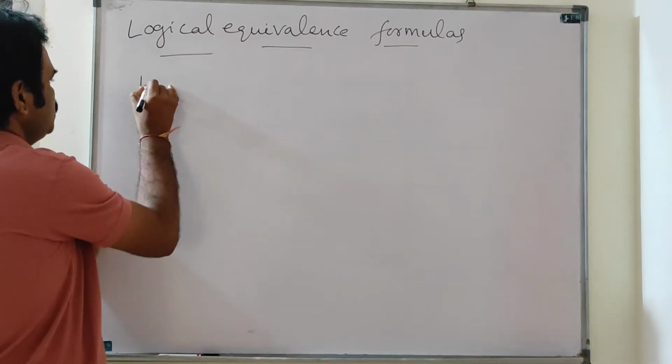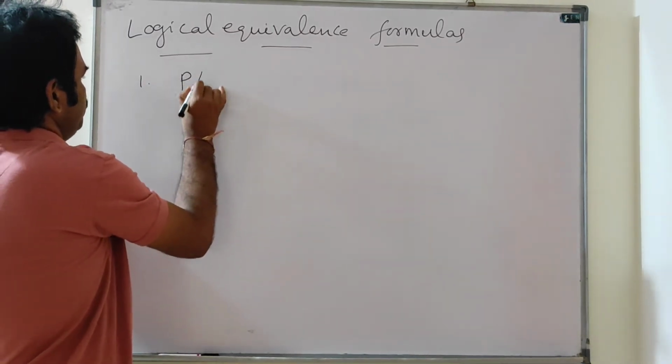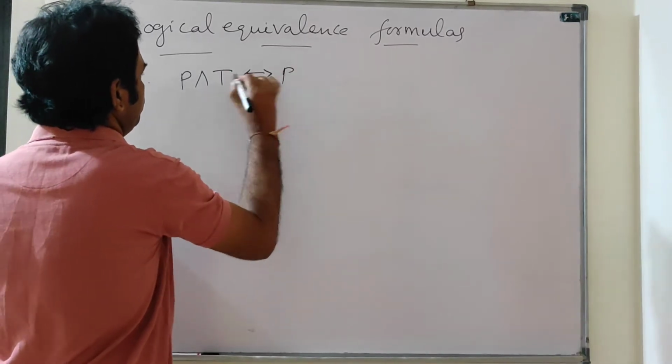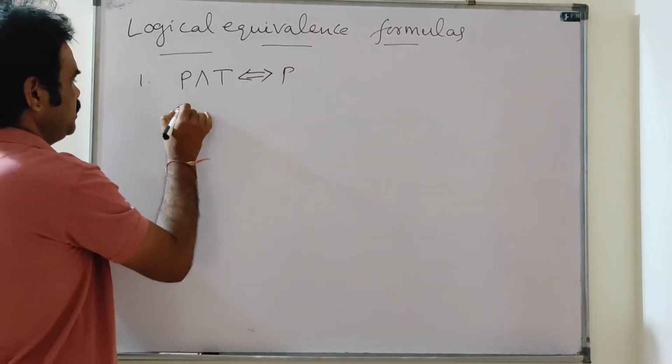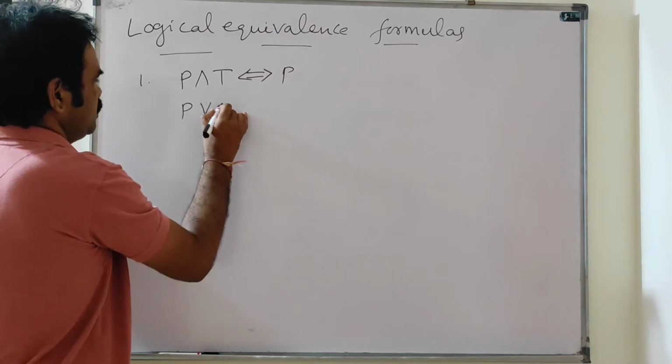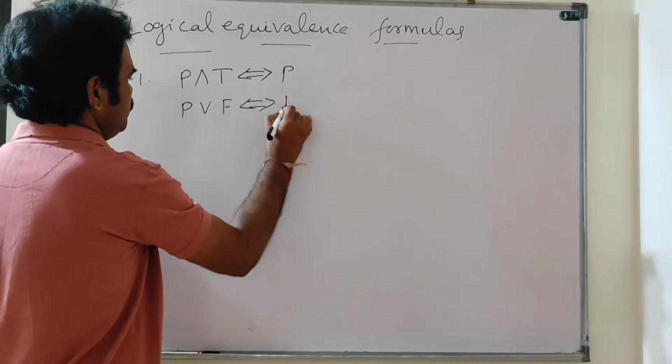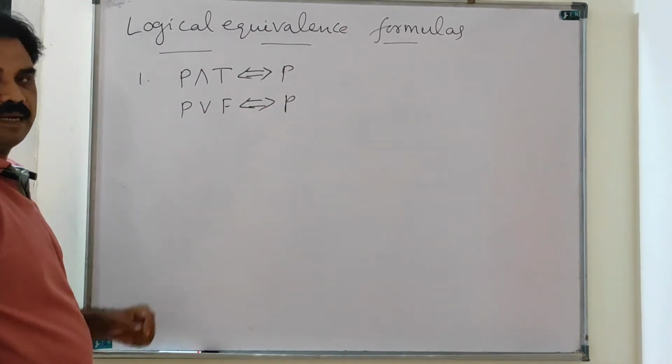See the formulas. First one: P and T is logically equivalent to P. Here T means tautology. P or F is logically equivalent to P. These are known as identity laws.